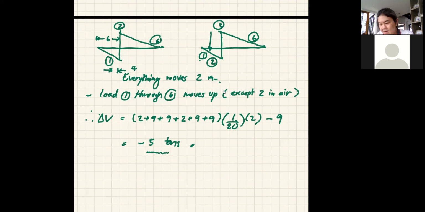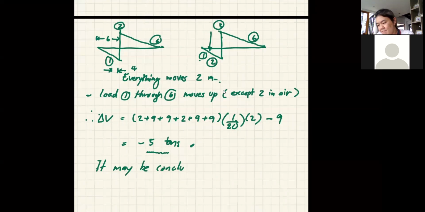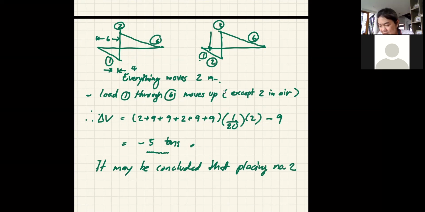So it may be concluded that placing load number 2 at C gives maximum force, shear force at C as a result.